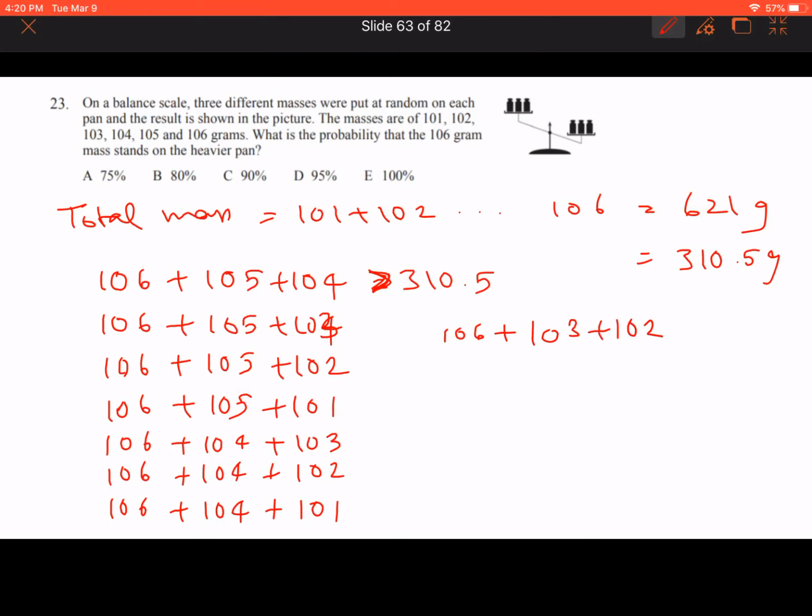So I'm just keeping 106 as a constant, and with 105 combination I have 4, and 104 combination I have got 3, and 103 combination I have got 1. And also I am getting 105 as a starting.